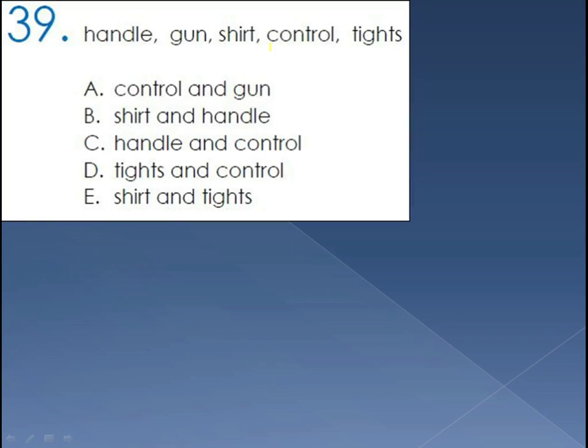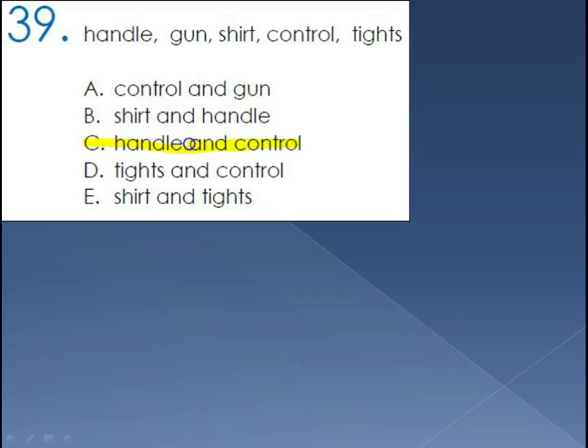Handle and control are quite similar. Handle and shirt isn't similar. So it's kind of, again, trial and error, trying to see. I know tights, there's no word similar to the word tights, so that can be knocked off. So as a process of elimination, it has to be handle and control, which have similar meanings.